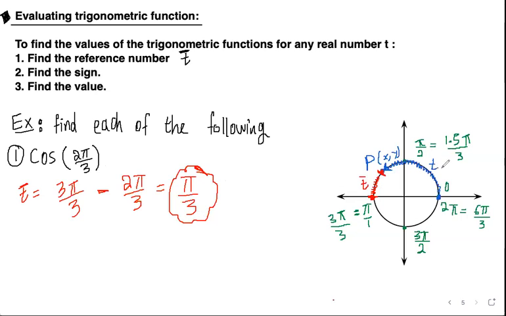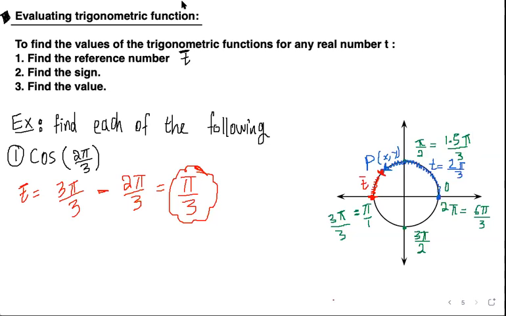This is my t equal to 2 pi over 3. So now t reference is pi over 3.